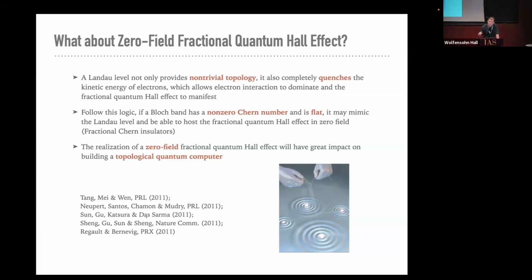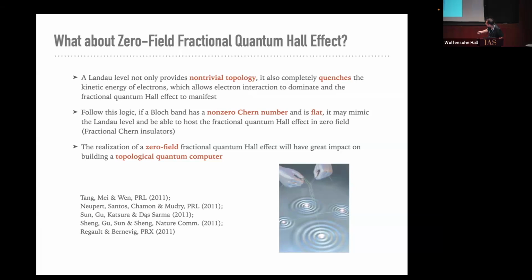Now, if you truly believe this analogy between Bloch bands and Landau levels, then naturally, if you have Bloch bands with non-zero Chern number that are also flat, there's a possibility that they may mimic the Landau level and also be able to host the fractional quantum Hall effect at zero magnetic field.